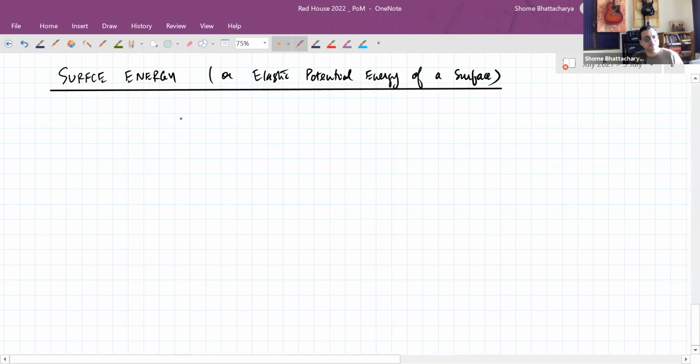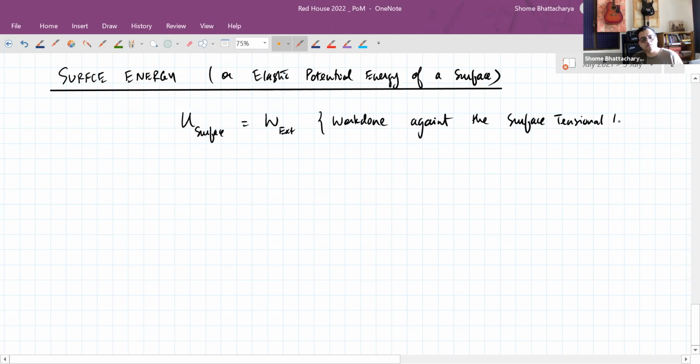Here straight away we'll define the absolute energy of a surface as the work done by an external agent against the surface tensional forces, that is the internal conservative force.